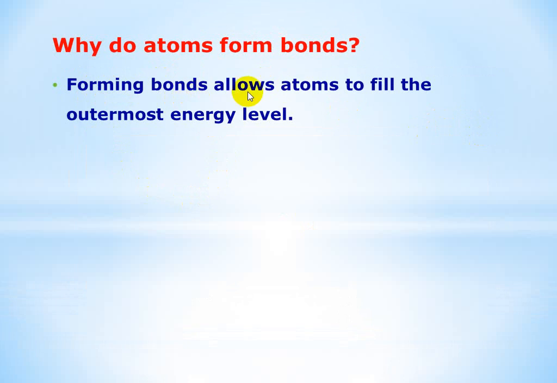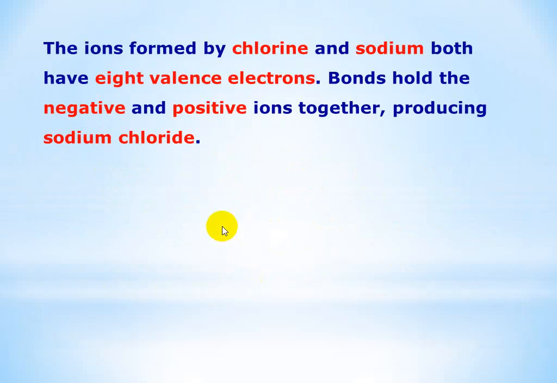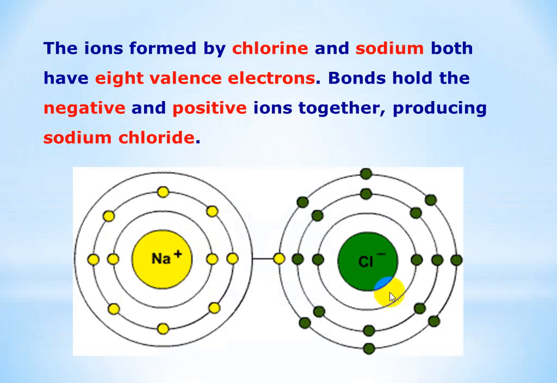So forming bonds allows atoms to fill the outermost energy level. When one atom loses an electron, it becomes positively charged. This electron jumps to another atom, causing it to become negatively charged. The 2 atoms are now attracted to each other, forming a chemical bond. For example, here, sodium and chlorine.